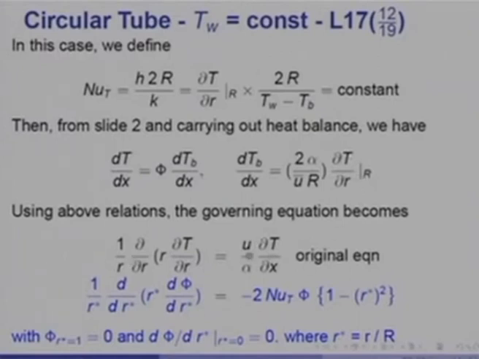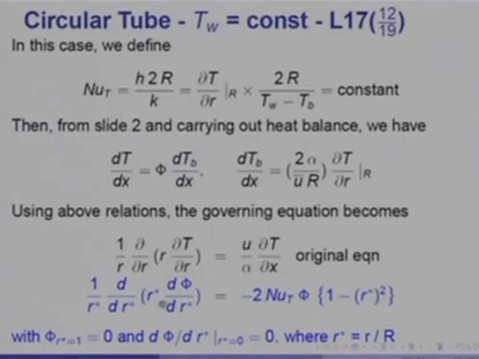So, if this was the original equation, and if I now substitute for dt/dx in terms of phi, then the equation would transform to this form: d/dr* (1/r* d/dr* (r* dphi/dr*)) equal to minus 2 Nu_T phi times (1 minus r*²).